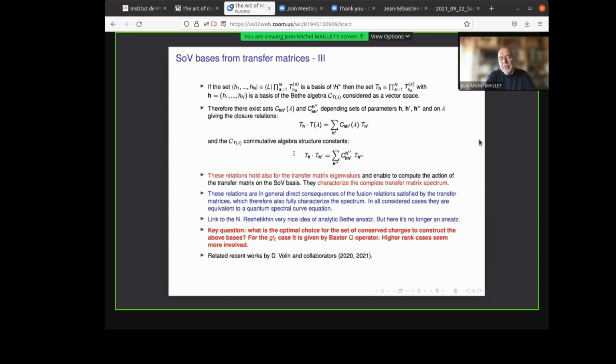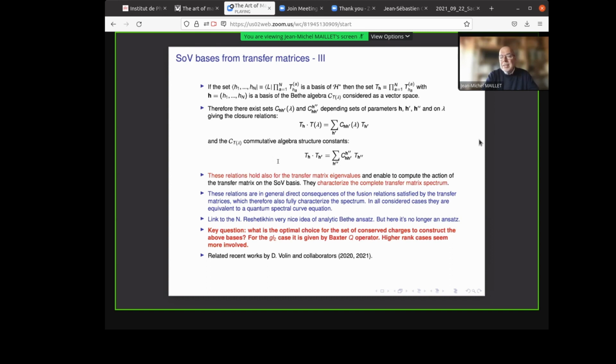So the key question in this game, in fact, is what is the optimal choice for the set of conserved charges? Because we have the choice, we just need to pick some set such that you get a basis, right? But there are many ways in general to do that. Not only one, not just the eigenbasis of the B operator like in Sklyanin's way. Here we have the choice of conserved charges.